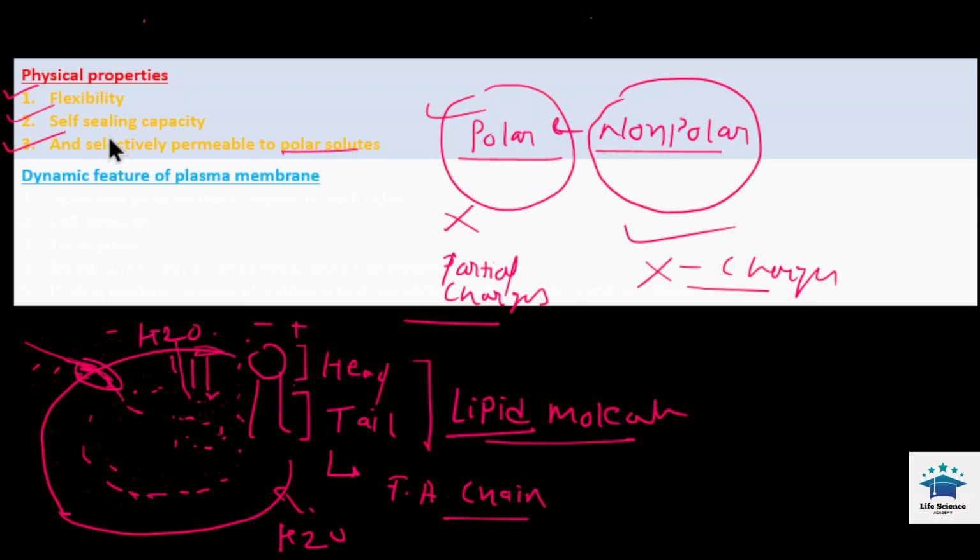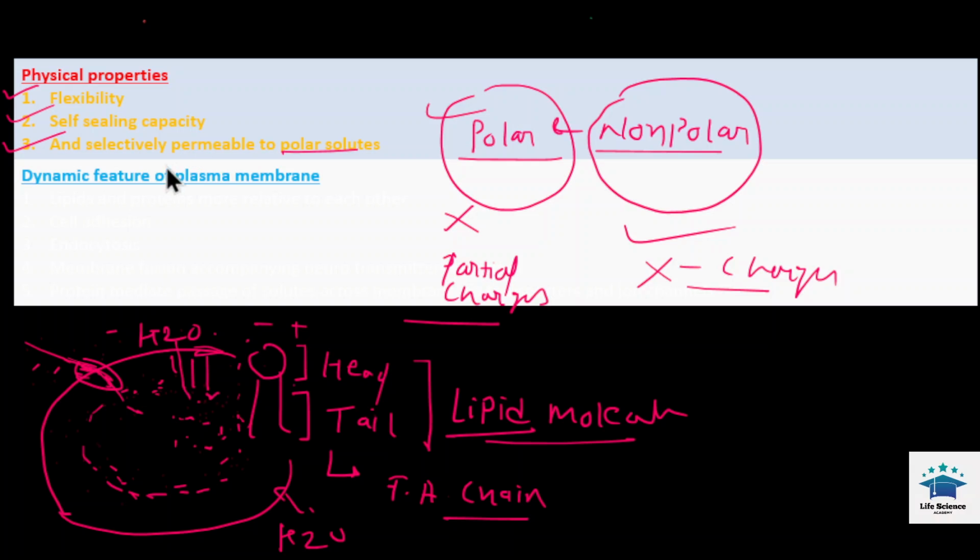So why do we call it flexible in nature? The plasma membrane is flexible because in the plasma membrane there will be lots of concentration of protein and lipid molecules, and these protein and lipid molecules vary in thickness. So the cell membrane is sometimes thicker and sometimes thinner in a particular region or area.